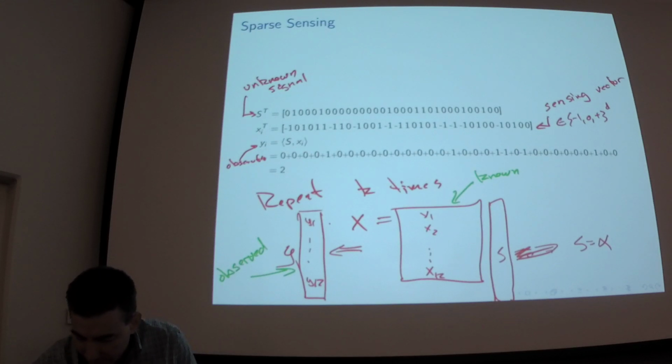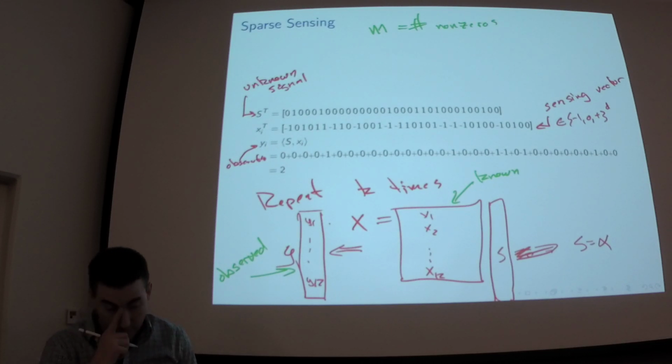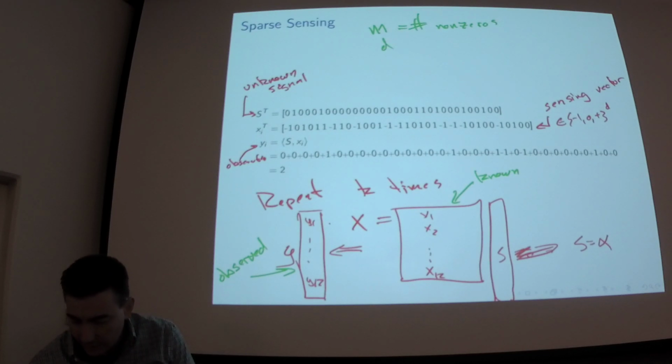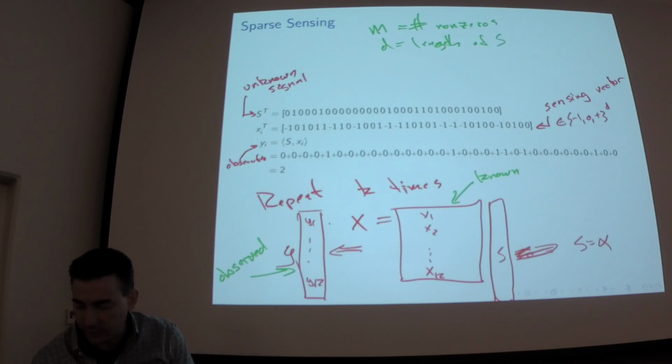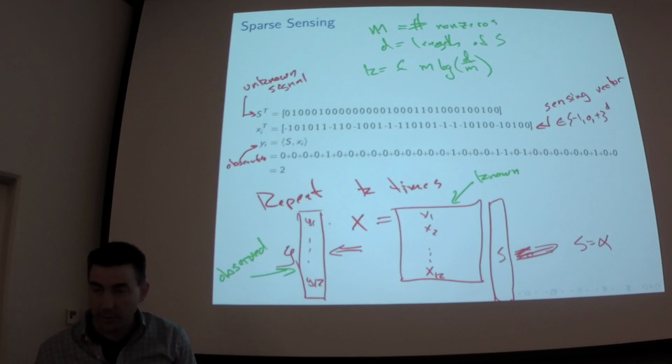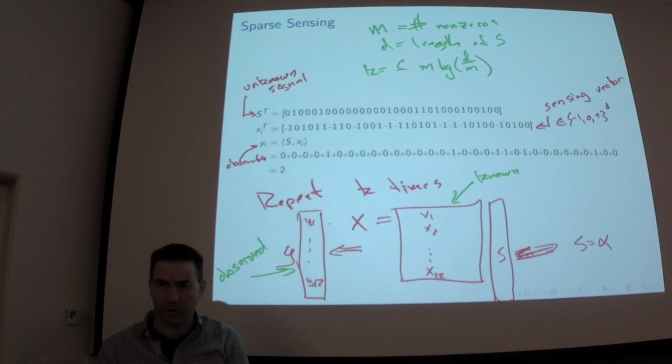Let's say M is the number of non-zeros, and D is the length of s, so the number of coordinates. Then if I make k about some constant times M log of D over M, I should be able to recover this.